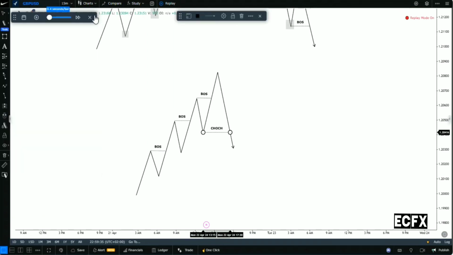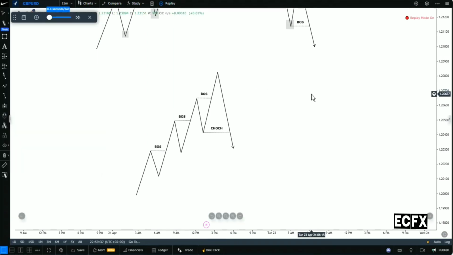So that is a change of character, or as some ICT or SMC people call it, a market shift. So I just call it a change of character and a break of structure because this is what I was taught. So I'm just basically explaining it the same way that I was taught, right? So I was taught break of structure and change of character, right?